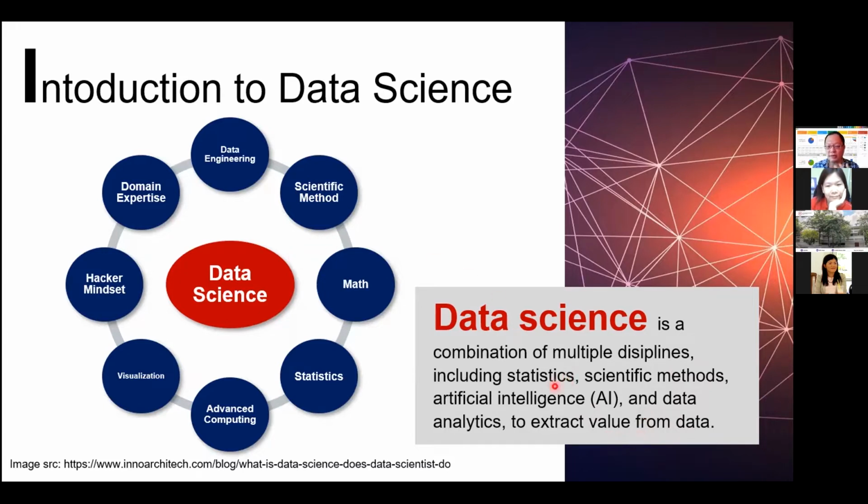As I said, data science is a combination of different disciplines. People who work in data science should have some knowledge of data engineering, scientific method, mathematics, statistics, some computing knowledge, and you also need to understand how to visualize data, which is called data visualization.